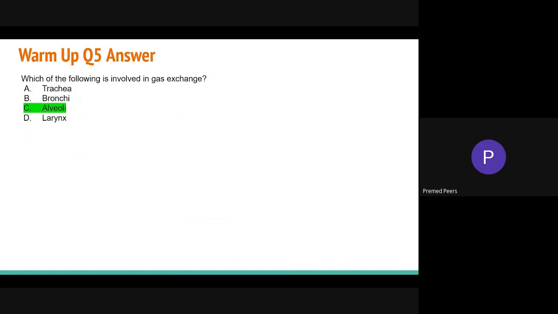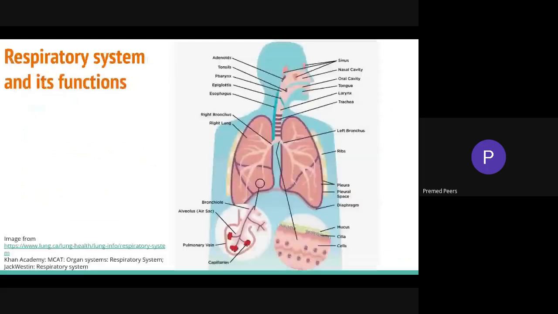So all of these other options are part of the conduction zone. The alveoli are also very important in gas exchange, so definitely know this one. They're right next to those capillaries, and the diffusion is very rapid.